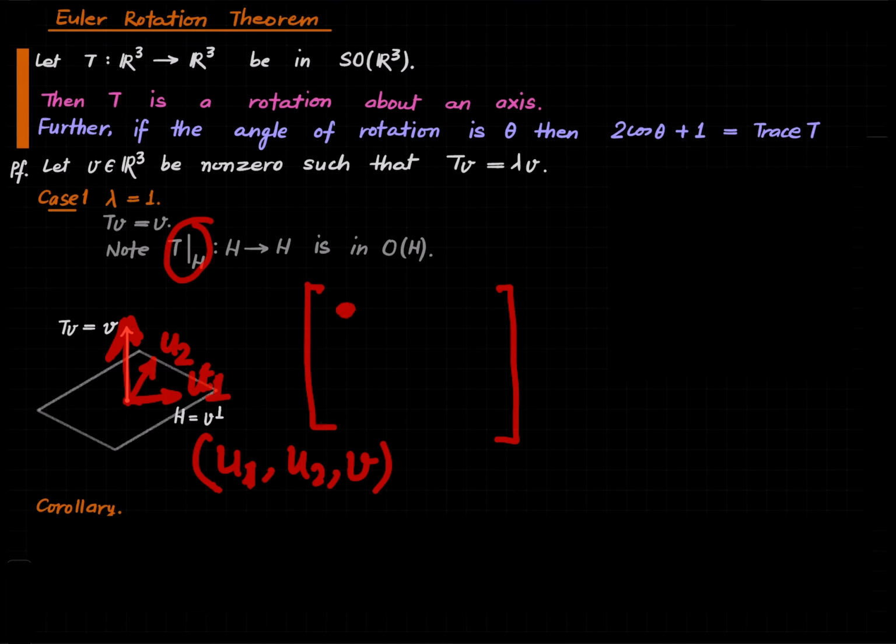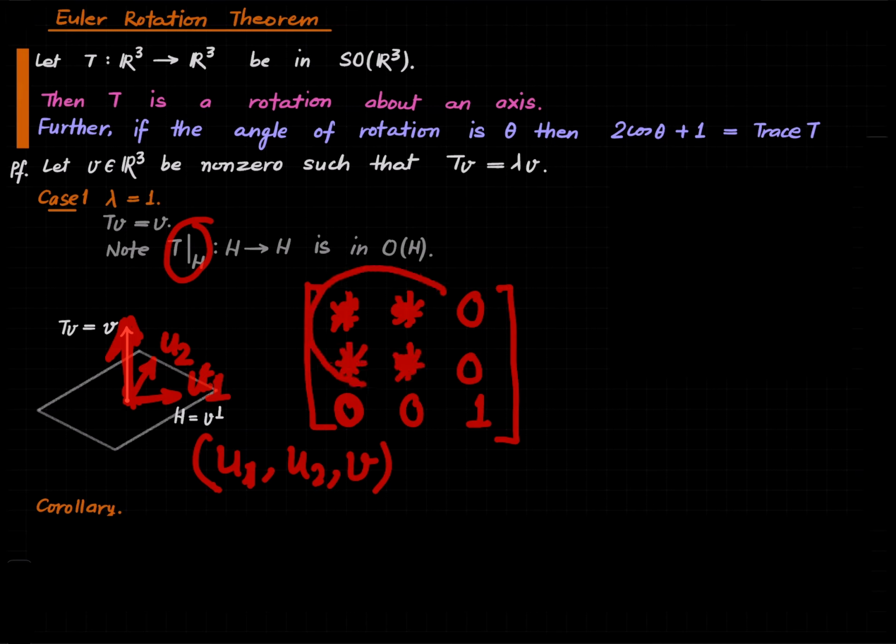You'll have some number here, and then a 0, because this entry corresponds to the component of TU1 along V. But that component is 0 because TU1 lies in H. That is the first column. The second column also will be some number and 0, and the third column will be 0, 0, 1. So this is how the matrix will look.